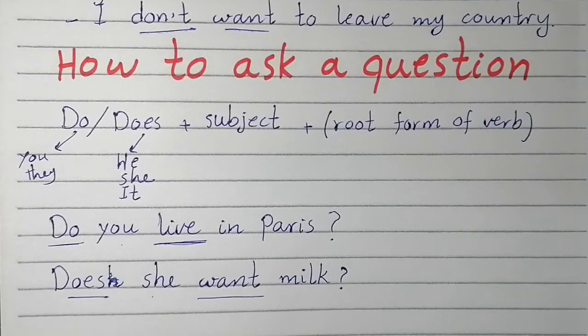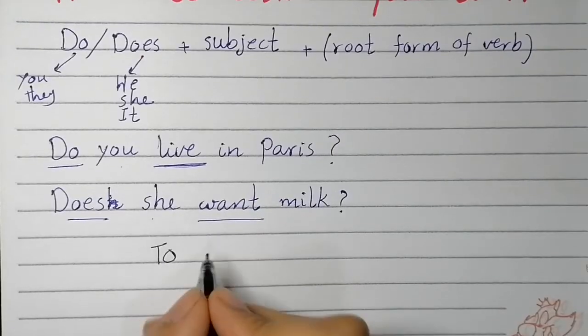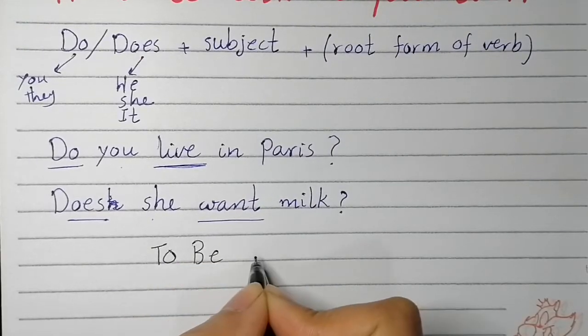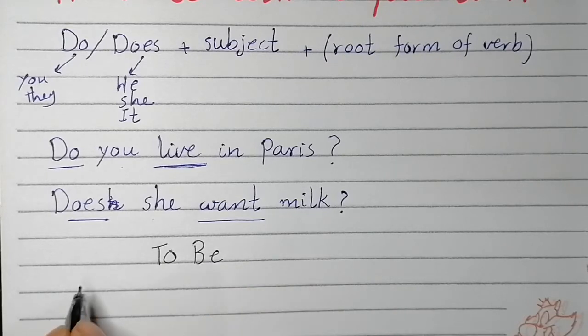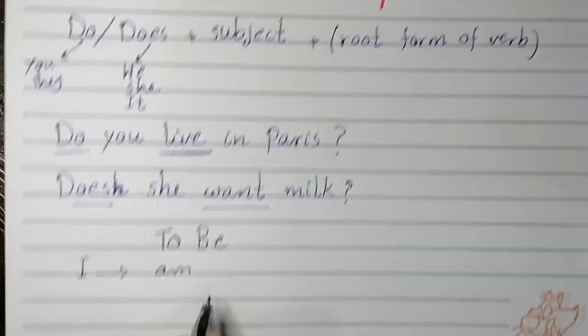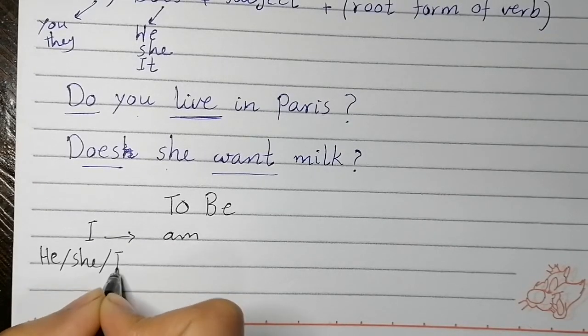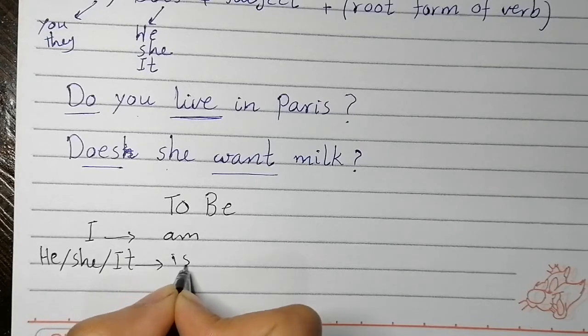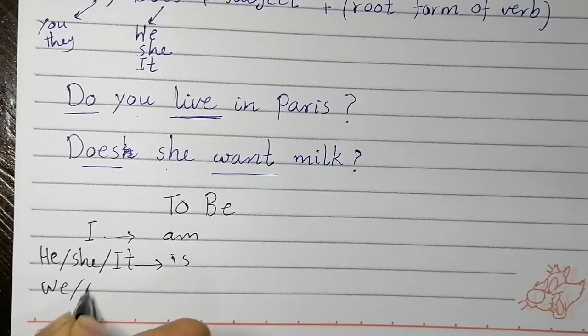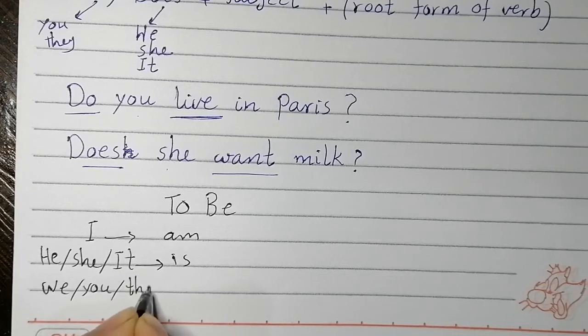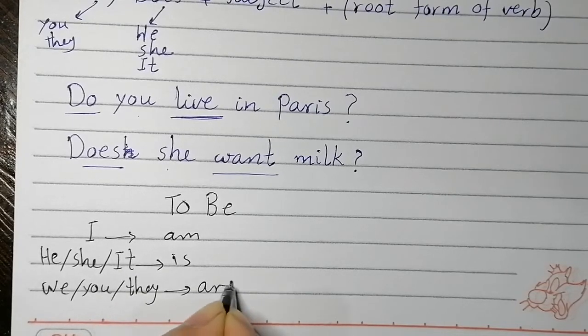Okay, there is also another note that we should take. The verb to be in the simple present. We use I am, he or she or it is, we, you or they are.